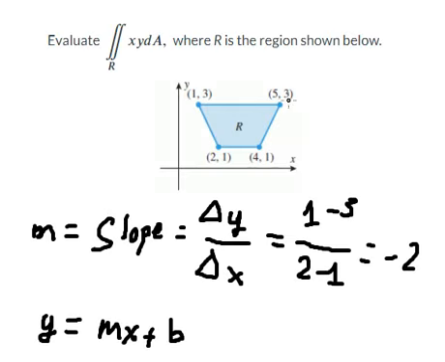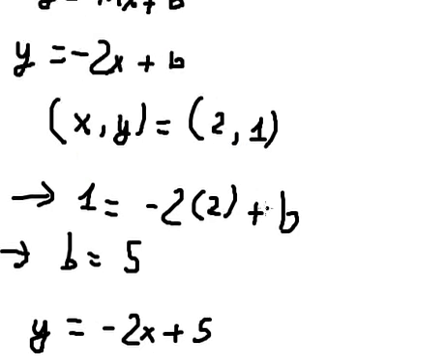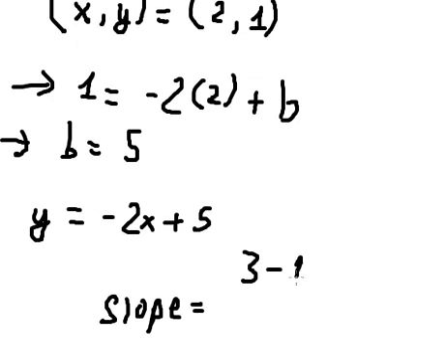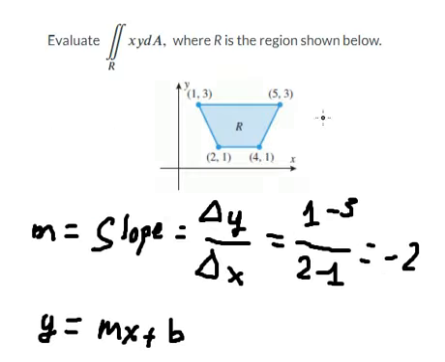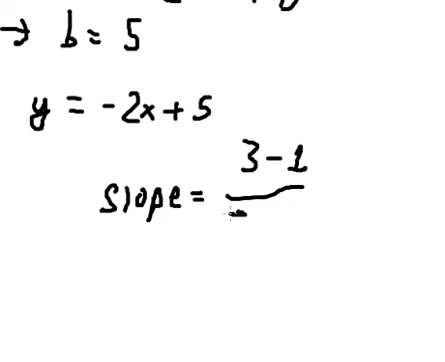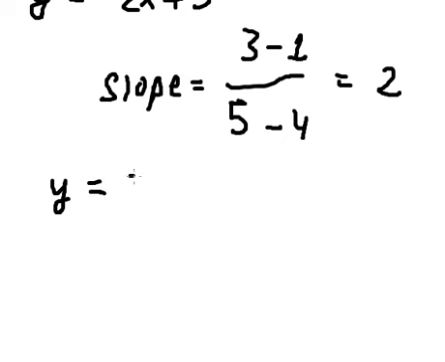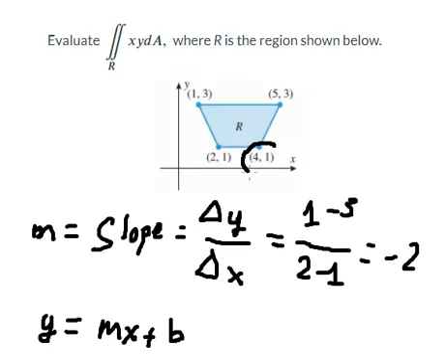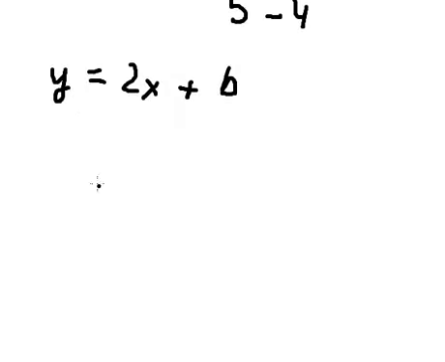And we have 3 minus 1 over 5 minus 4. So we have 2. Now I select this point for 4, 1.